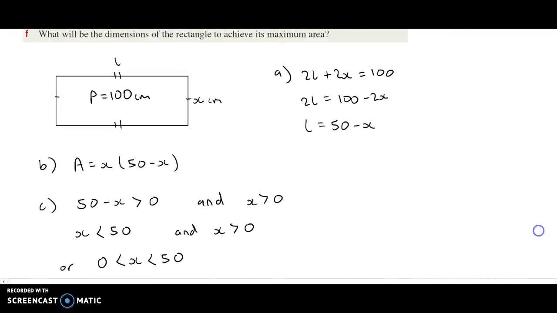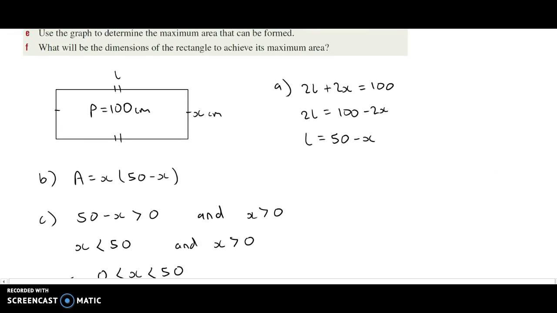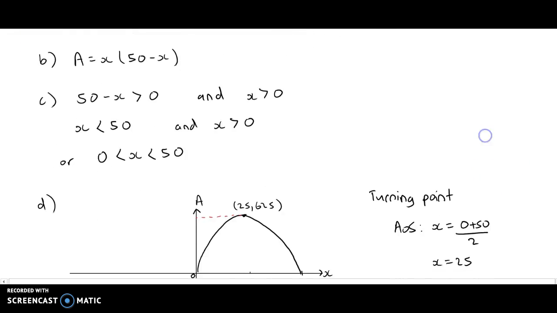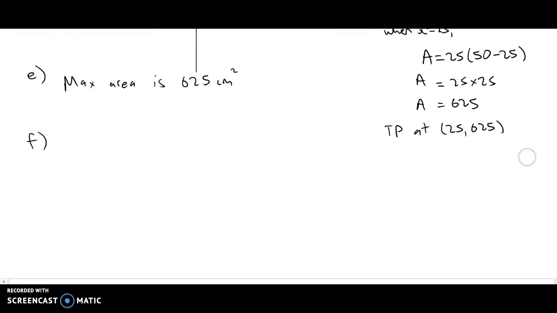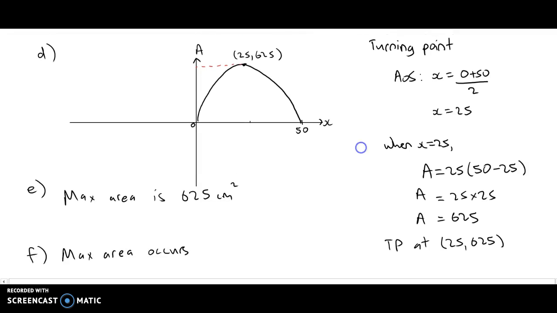Part F is asking us what will be the dimensions of the rectangle to achieve its maximum area. So we need to take note that the maximum area occurs when x is equal to 25. So our maximum area of 625, that occurs when x is equal to 25.